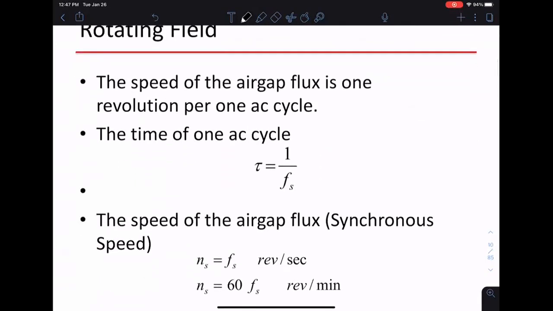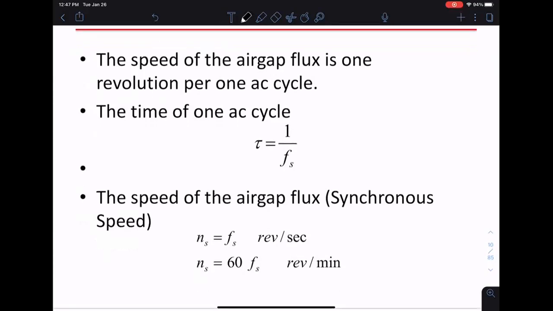All right, so finally we get to the rotational speed. We have this rotating field. This creates a flux in the air gap, and we have the idea of one AC cycle. Basically, every cycle we turn once. So let's introduce a very important notion, the synchronous speed.